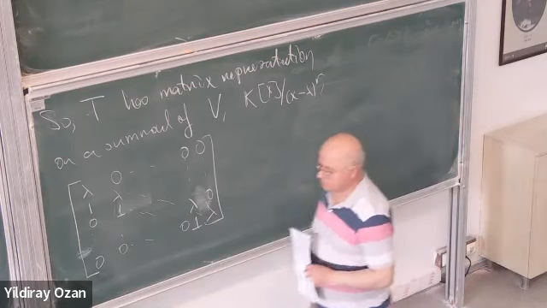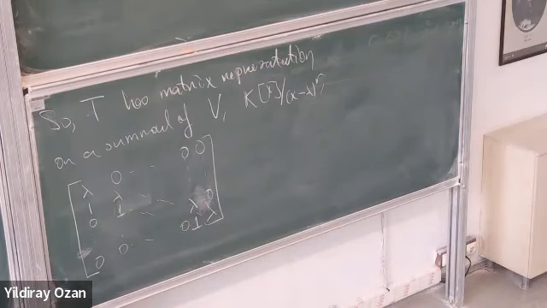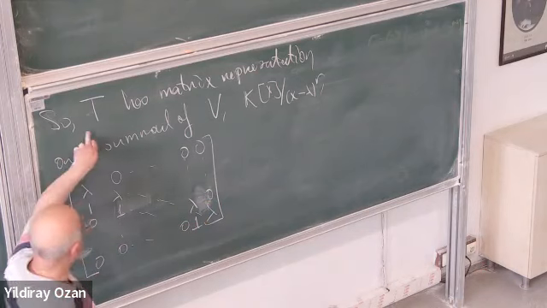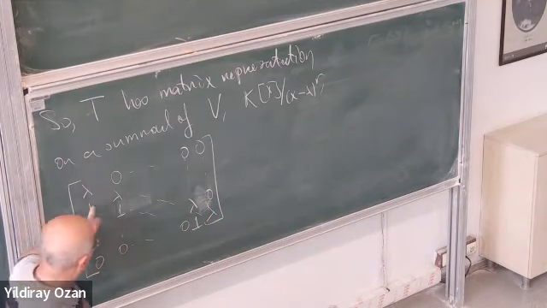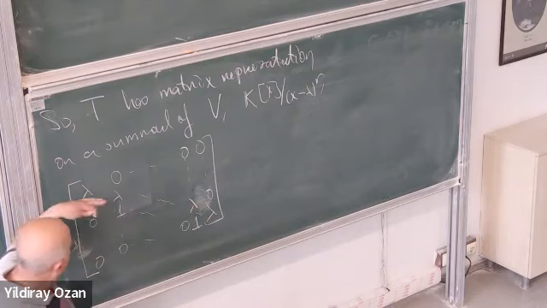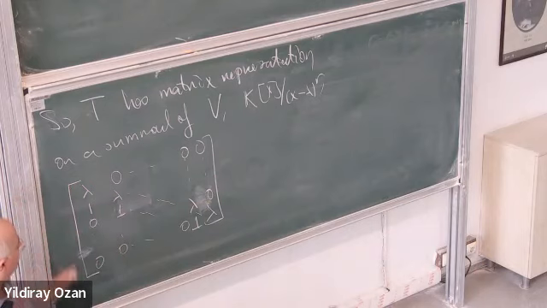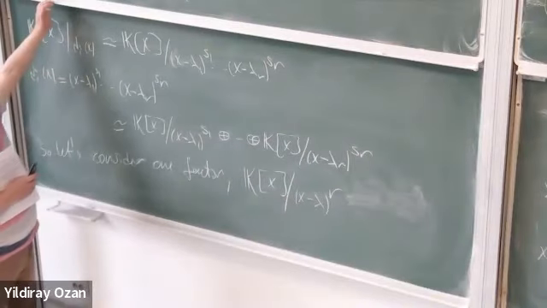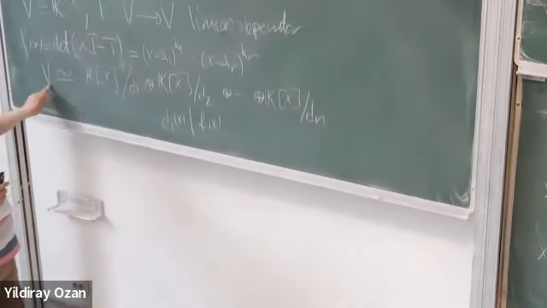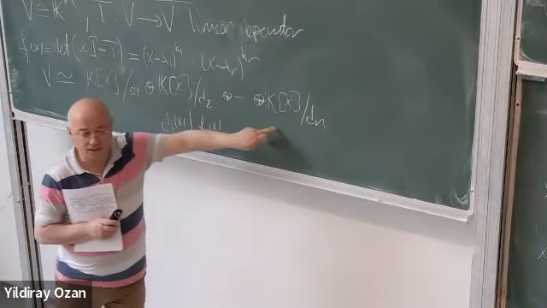So my operator has a matrix representation given like this on a suitable basis. Okay, this vector space has a basis on which T has this matrix representation. In general, what will be the matrix representation of T? Well, our vector space is isomorphic to this gadget.